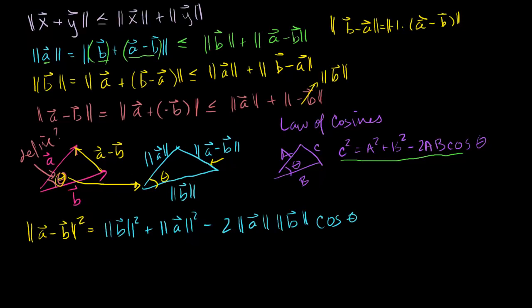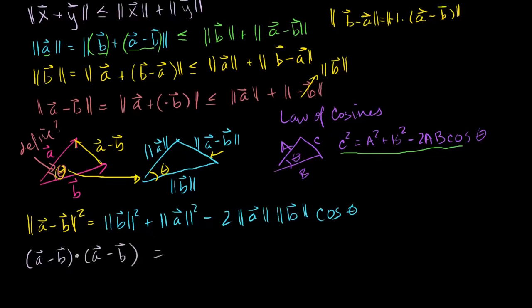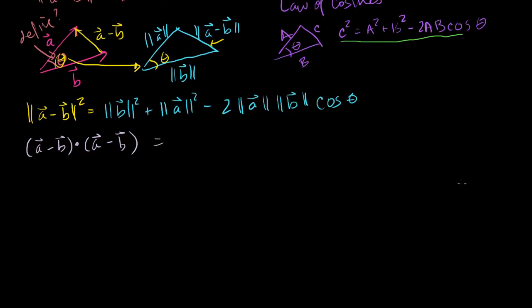Well, we know that the square of the length of a vector, when we use our vector definition of length, is just the same thing as a vector dotted with itself. So that's a minus b dot a minus b. And it's all going to be equal to this whole stuff on the right-hand side. But let me simplify the left-hand side of this equation.